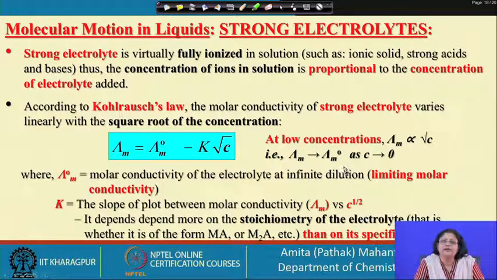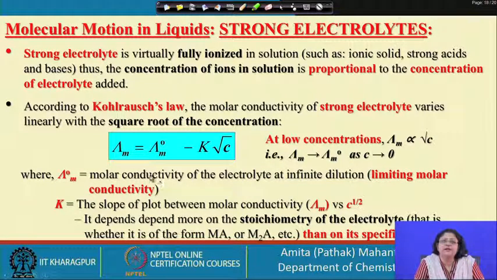That is what I have written here. So, the molar conductance is going to be proportional to the square root of the concentration at low concentration, and as C approaches 0, the molar conductance at that concentration is going to approach the molar conductance at infinite dilution, or zero concentration.